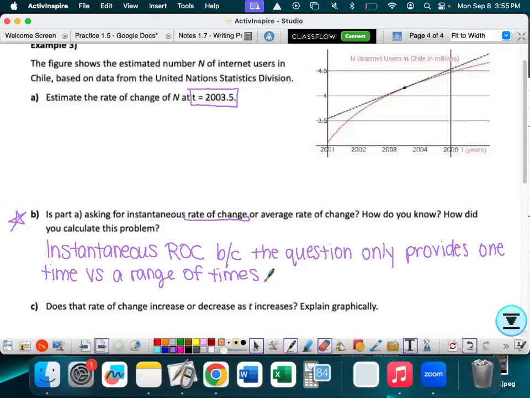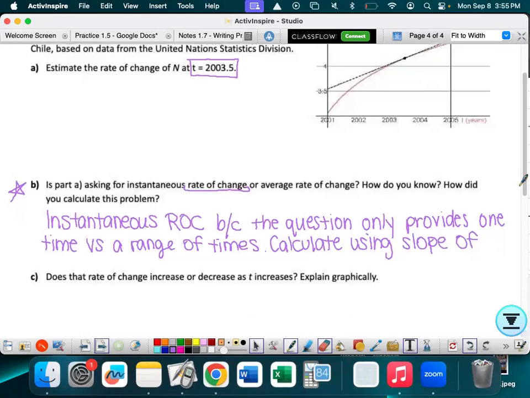I'm going to say calculate using the slope of the tangent line. If the tangent line was not already provided to you on that graph, you would need to get some pieces of information for an interval around 2003.5.